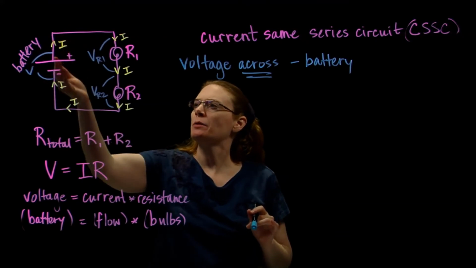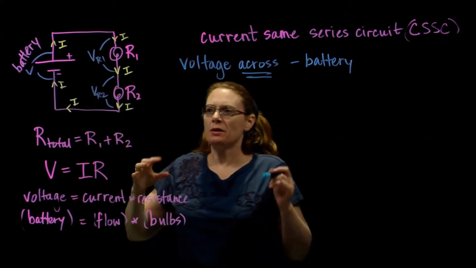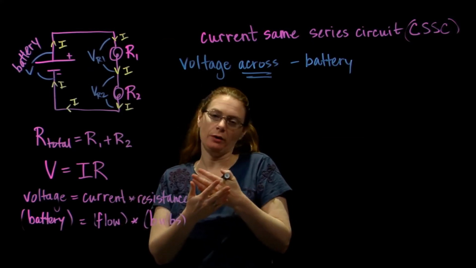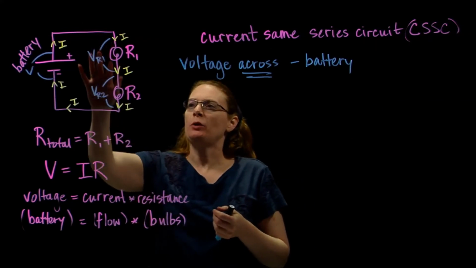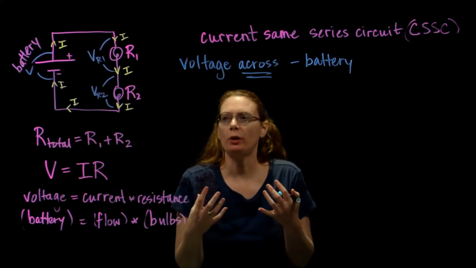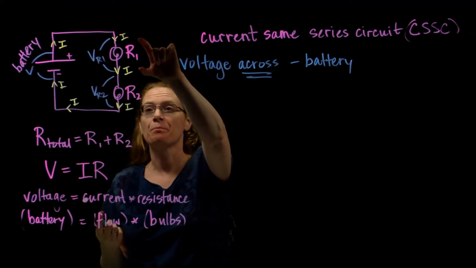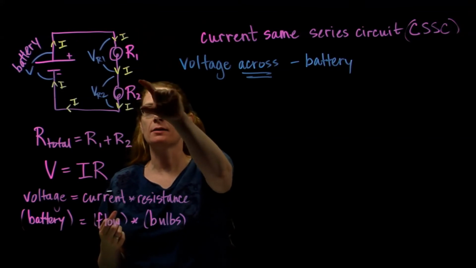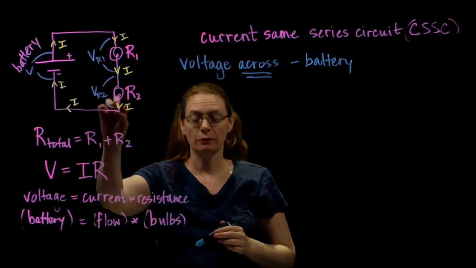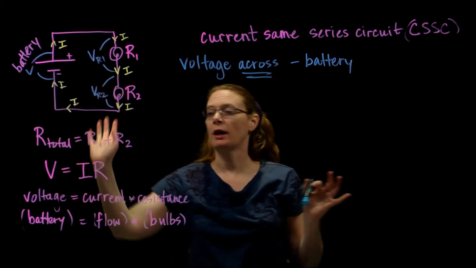So the battery's pushing charges, and it gets to this resistor. So we've got this push of charges, and then all of a sudden something resists the motion of the charges. By the time we get through here, there is less oomph, less push, because we used up a whole bunch of our push getting through this hard resistor. So that means there's less left here. So we use up again more of our push to get through this difficult resistor. And then by the time we're back here, we've got nothing left.